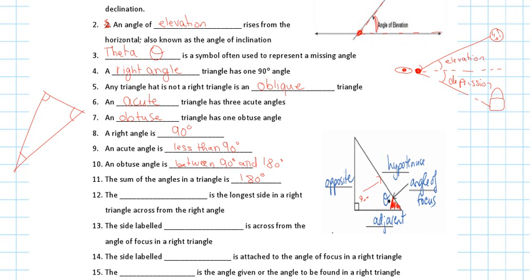It's always across from the 90. So it's the longest side, and it's across from the right angle.